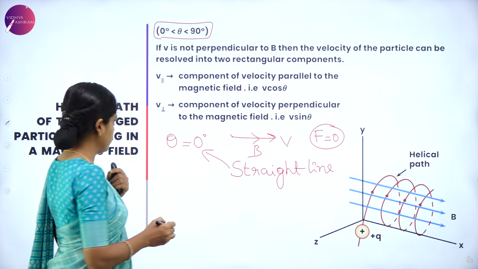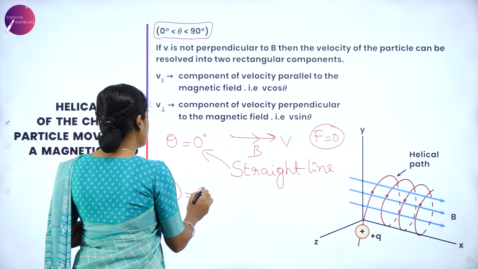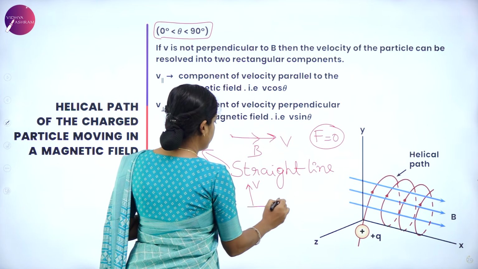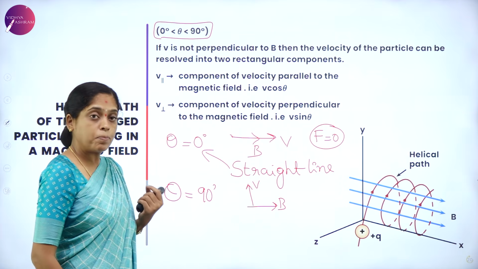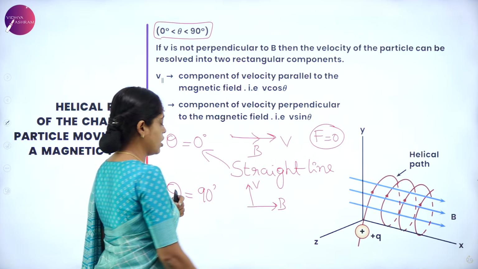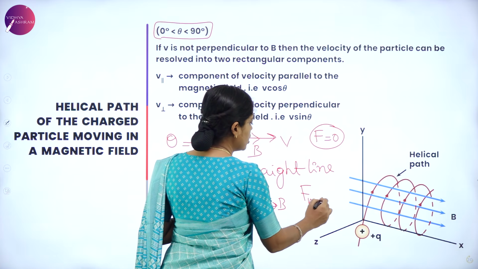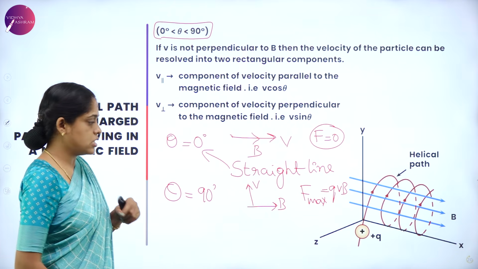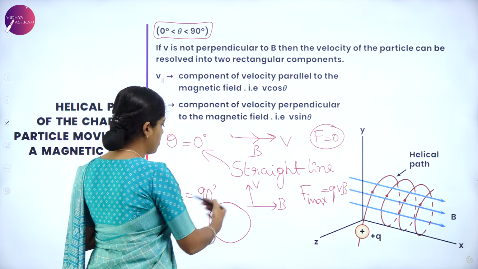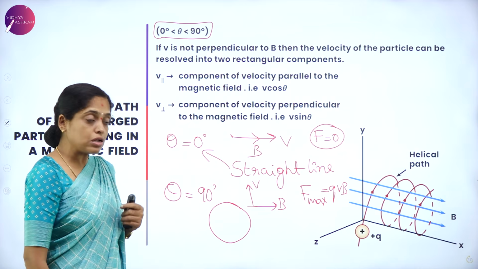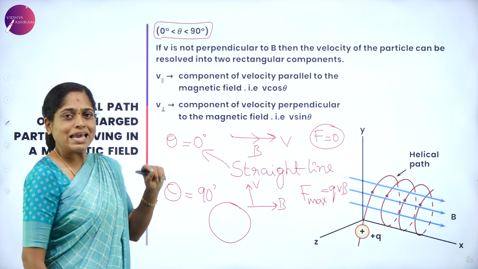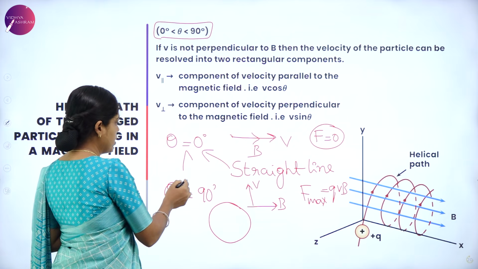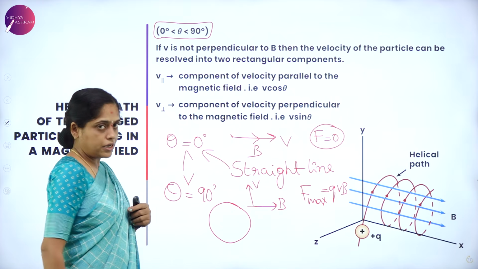Next, theta is equal to 90 degree, that is, the velocity of the charge and the magnetic field are perpendicular to each other. The maximum force acts on the charge, which is given by qvB. In this case, the charge follows a circular path. Now our case is between these two, greater than 0 degree and less than 90 degree.